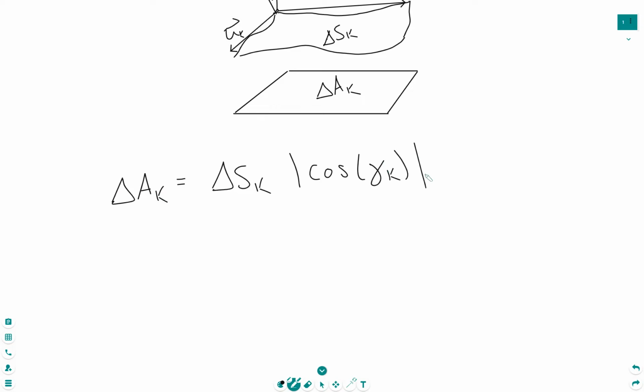And we said gamma k was the angle between this vector here and p. So what is this thing, right? Last time we kind of just arbitrarily drew one. Well, let's dive more into what this thing is.